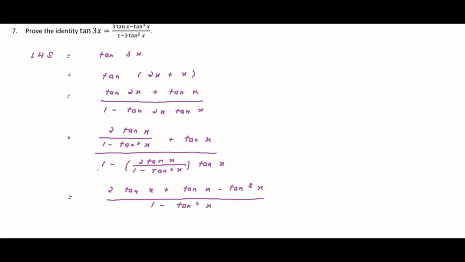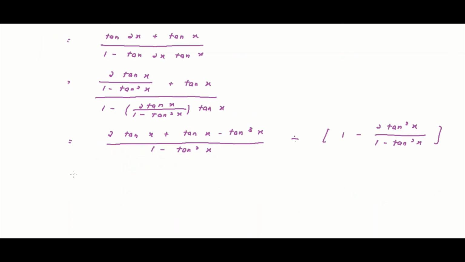Okay, so you are bringing up the whole thing here. So divide by, you can try to do the 1 minus part. So 1 minus 2 tangent square x divide by 1 minus tangent square x. Okay, so you can simplify the first part that you have. So 3 tangent x minus tangent cube x divide by 1 minus tangent square x.